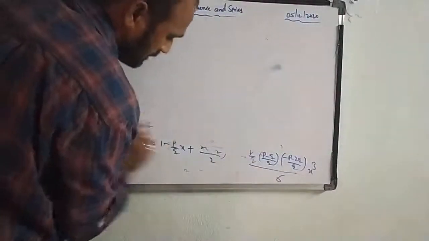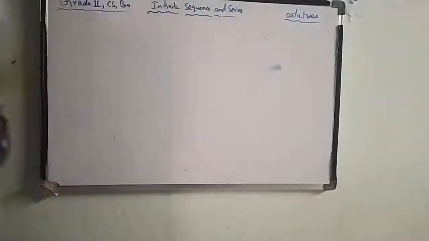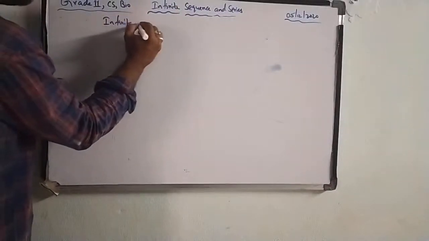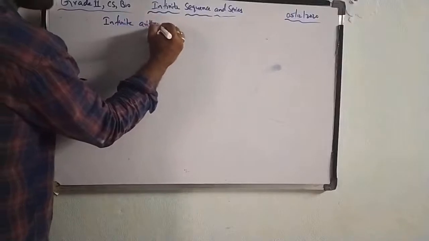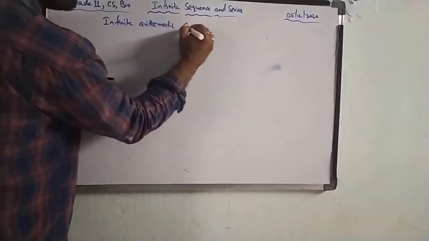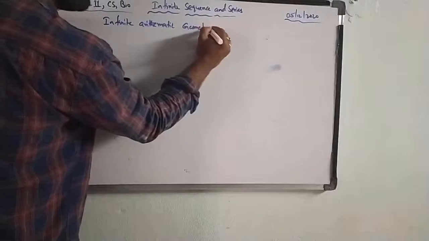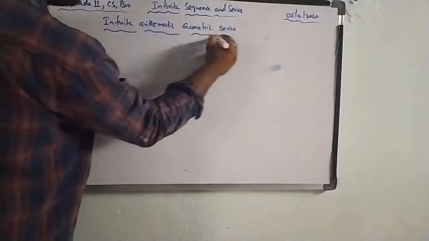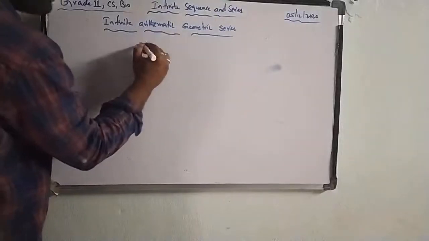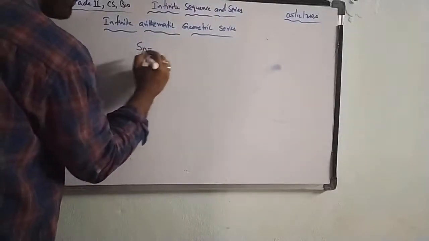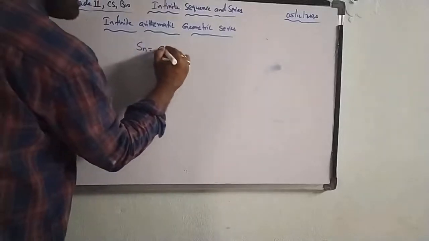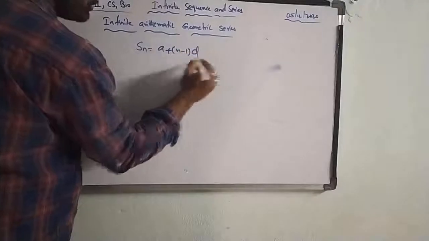So next, let us talk about the infinite arithmetic geometric series. We know the arithmetic and geometric series. The general term is a plus (n minus 1) into d.